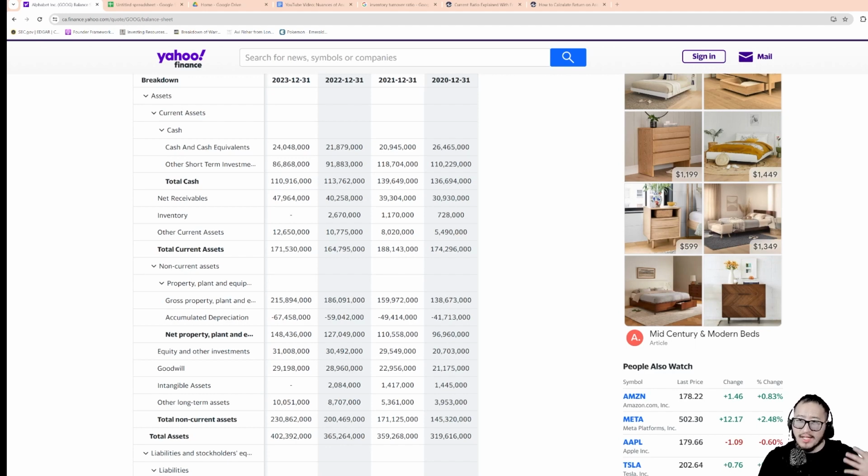If Google were to sell some of their data centers, there's a good chance that they would actually be able to sell for more than how much it cost them to make, because let's just say Google built some data centers for AI, and AI data centers are really high in demand. How much they're going to sell that for is probably going to be higher than what's listed on their balance sheet.